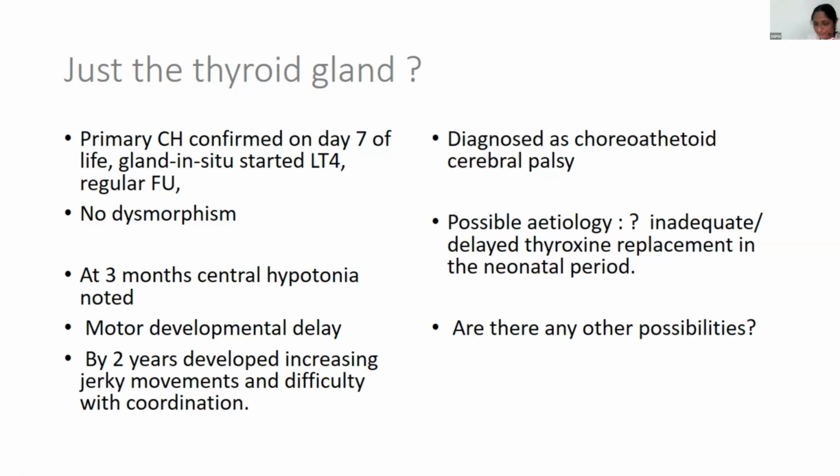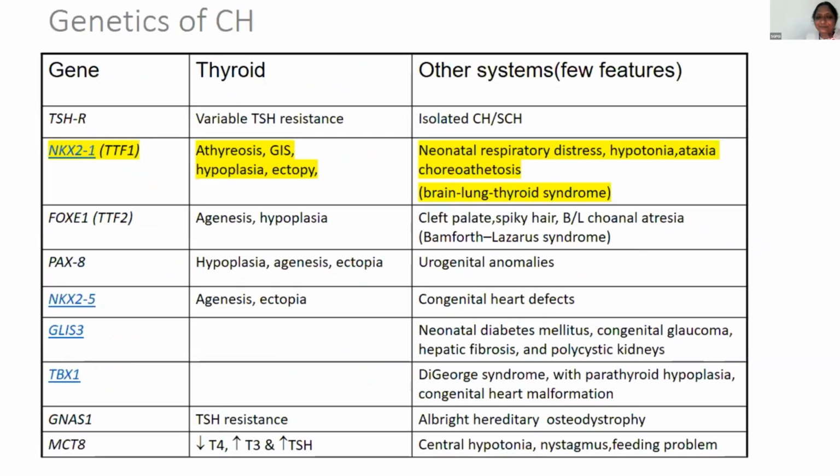Are there any other possibilities? So this is where the genetics of congenital hypothyroidism comes in. In a routine case, we don't need to do any genetic studies for congenital hypothyroidism. But when it is associated with other system involvement, so this child in the past was TTF1, so NKX2-1 gene defect, which causes neonatal respiratory distress.